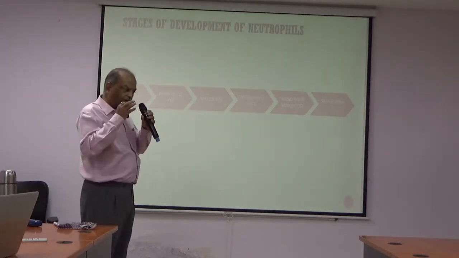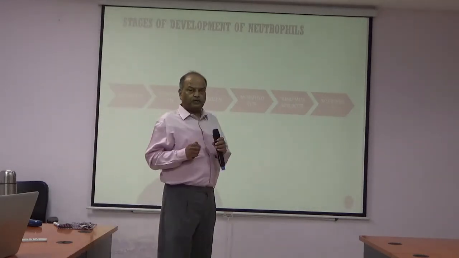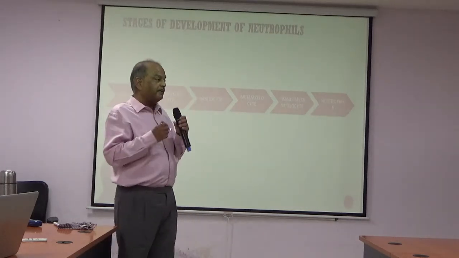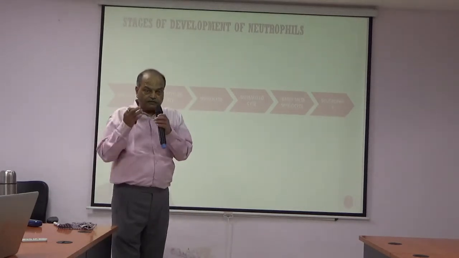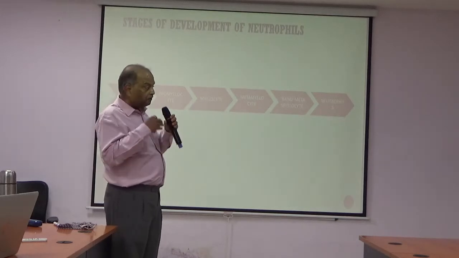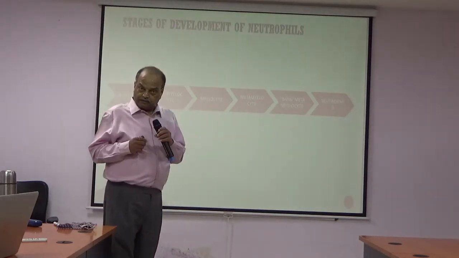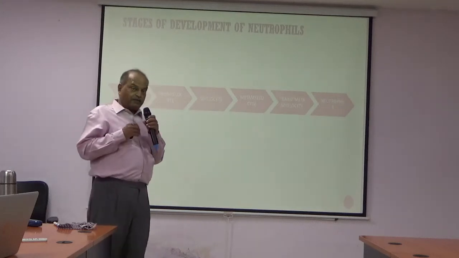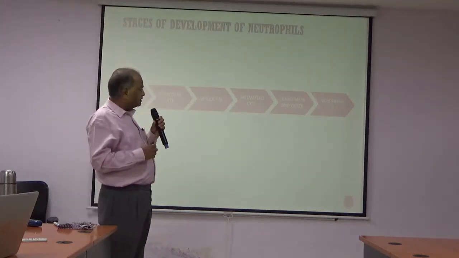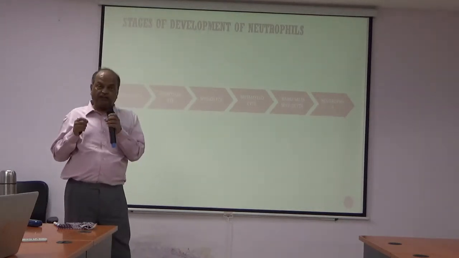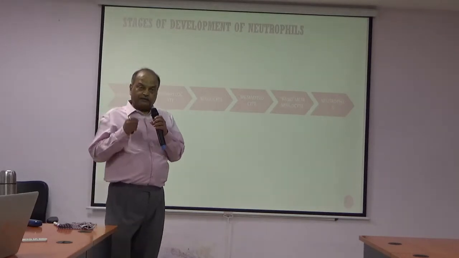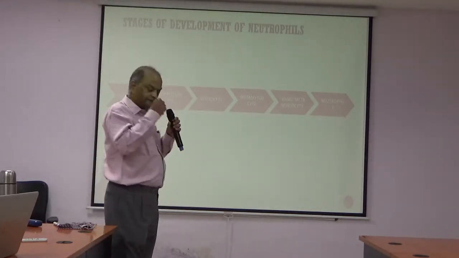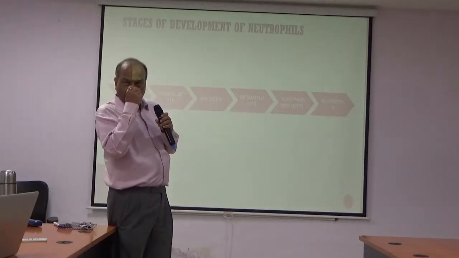The most important of them are the different enzymes. They might be proteinases, sulfatases, metalloproteinases, and so on and so forth. At the same time, they also contain certain amount of antibody-like substances known as defensins. And these defensins are active against fungi and bacteria.